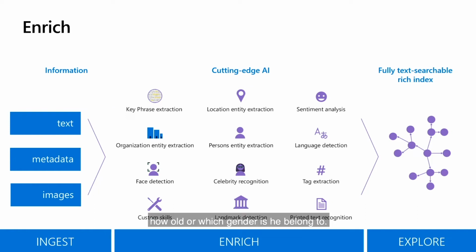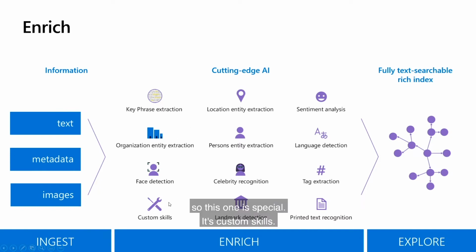If yes, how old or which gender it belongs to. This kind of thing we call one skill. This one is special, it's custom skills. If these things cannot satisfy you, you can develop your own custom skills. We'll cover that later on as well, but we'll go through the default ones first.